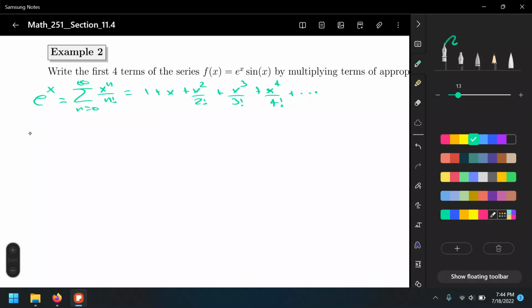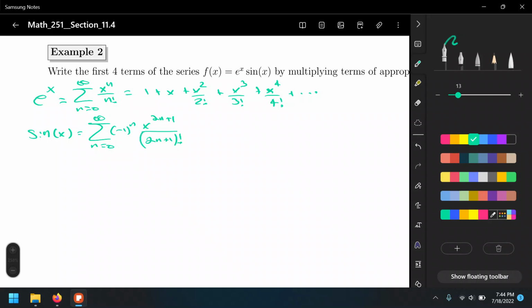And over here the same for sine x, that's sigma n equals 0 to infinity of negative 1 to the n x to the 2n plus 1 over 2n plus 1 factorial.